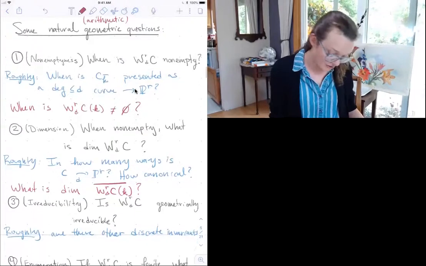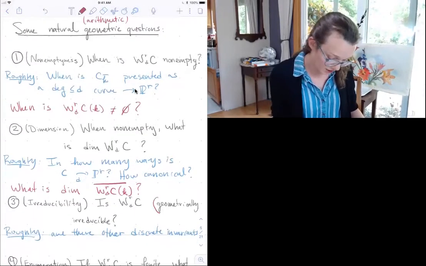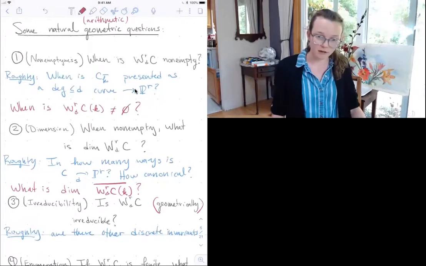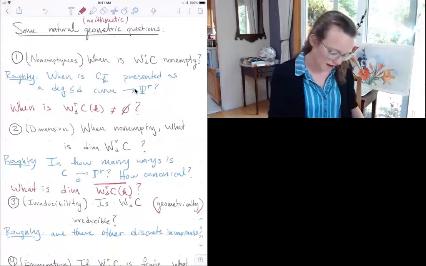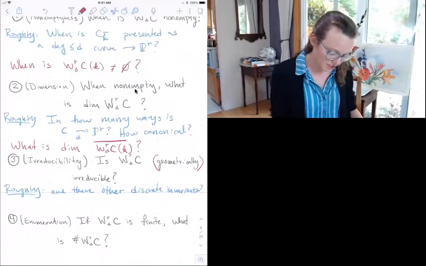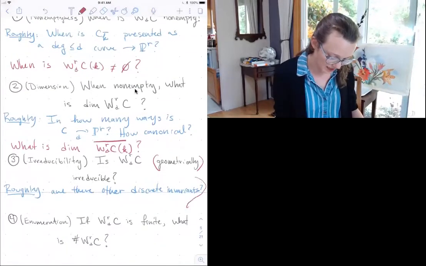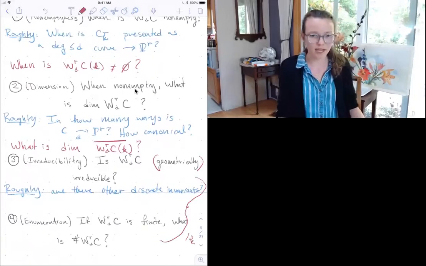And then instead of geometric irreducibility, I can ask for irreducibility over the ground field. Even if it's not geometrically irreducible, is it irreducible over the ground field? And same for this enumeration case when it's finite. So I can ask both of these questions over K and not over K bar.